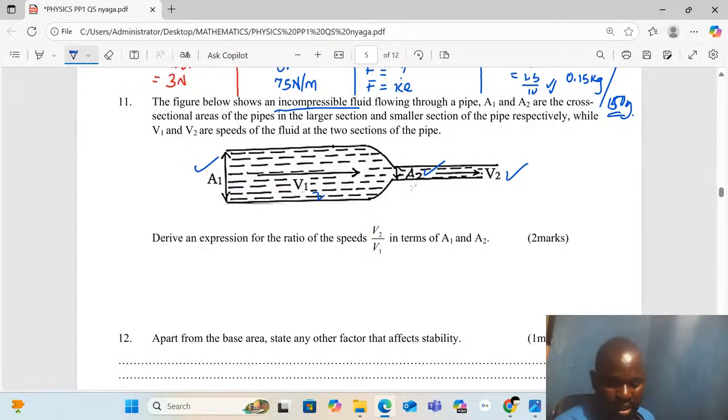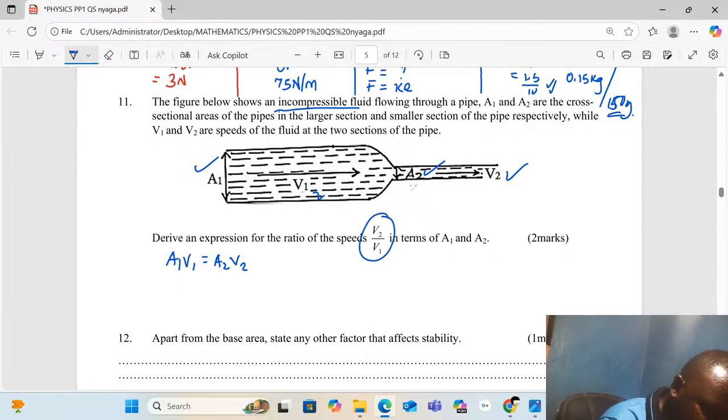The first thing, you need to move to the equation of continuity. So that is the first step. A1 V1 is equal to A2 V2. Remember, at long last, we want to arrive at V2 over V1.